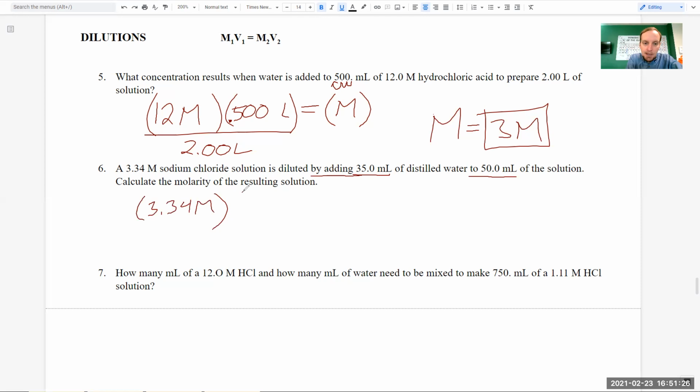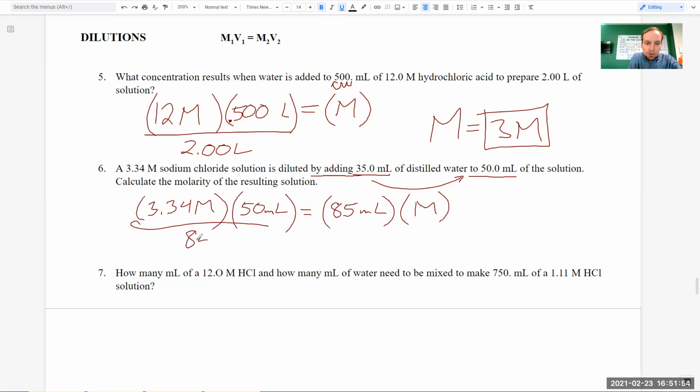So if you think about it, our original volume is actually 50 milliliters. Then we're going to add 35 milliliters to it. So my final volume is not 35 or 50. It's actually going to be 85 milliliters, because we added 35 milliliters to our original 50 milliliters. That's going to give me my final molarity. As you already know, I'm going to move this 85 down here, and that will cancel that out.